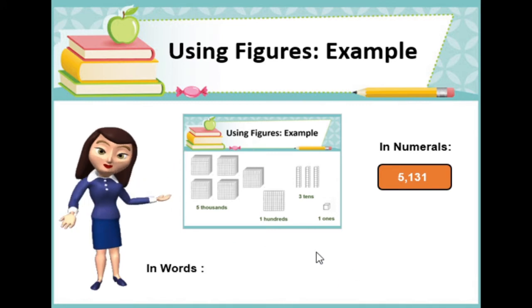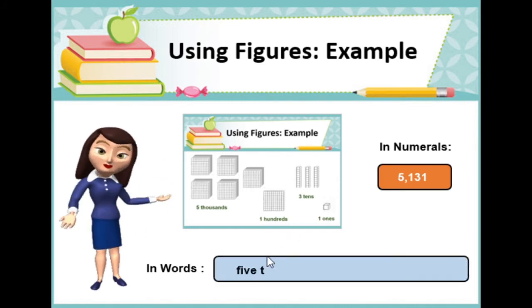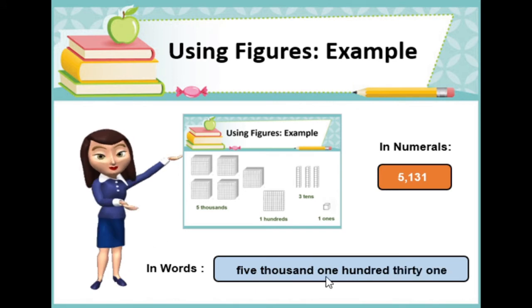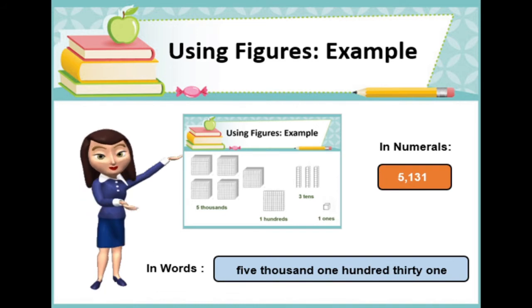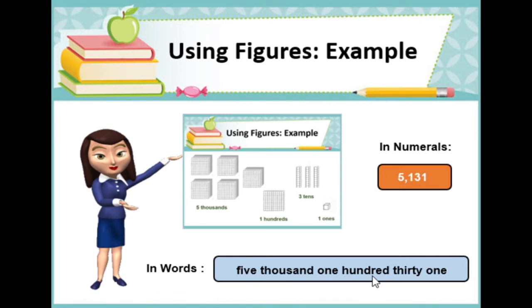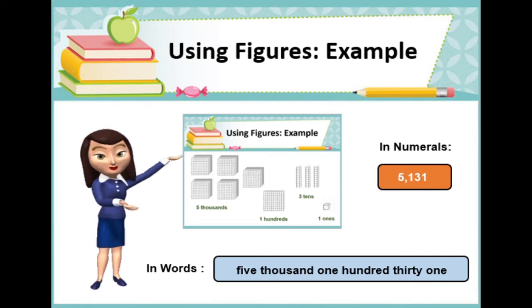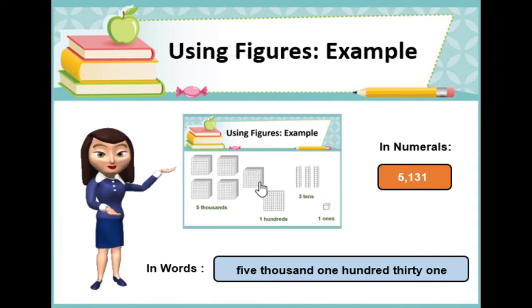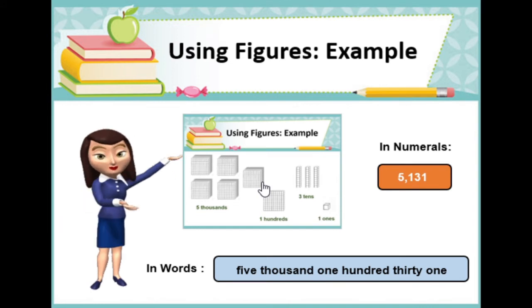And in words, you have to write it as 5,000 without S, 131. Okay? That is how we use the figures in reading and writing the number.